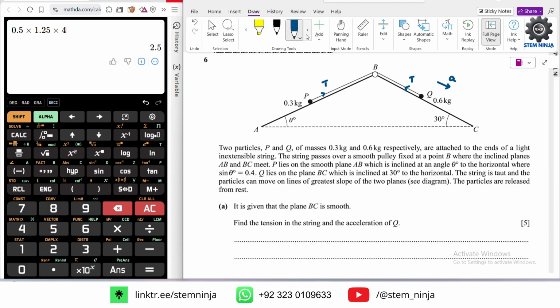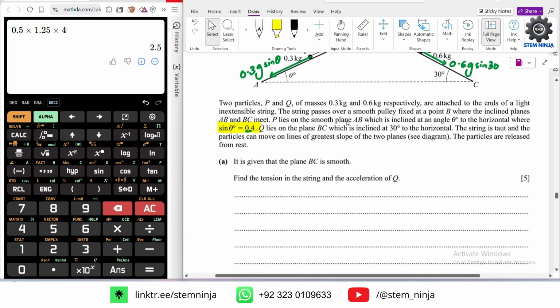Okay, so the component of weights in this direction, that is 0.6 g sine of 30, and for this one this would be 0.3 g sine theta. Sine theta is given as 0.4.